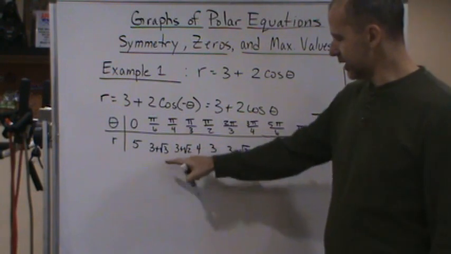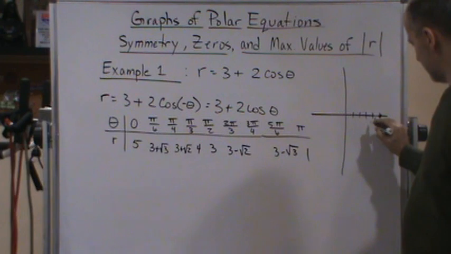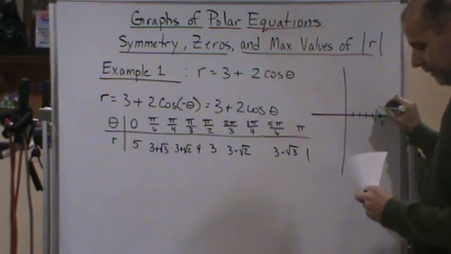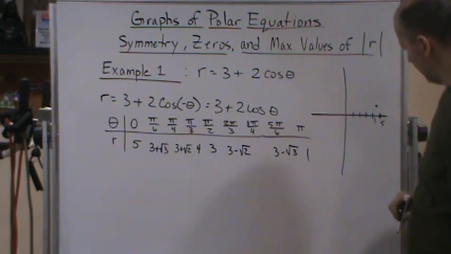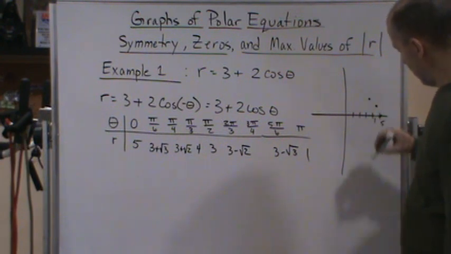And then at pi over 6, we're bigger than 3. Right? So let's say we're at here, but we're bigger than 4. Right? So let's say we're right here, okay? And then at pi over 4, we're over here, let's say. And then at pi over 3.